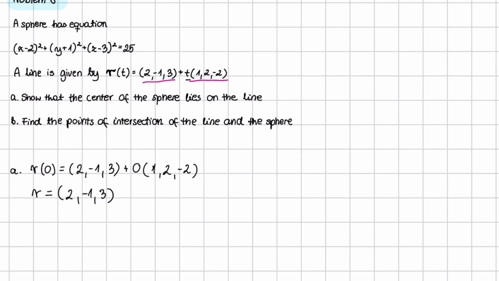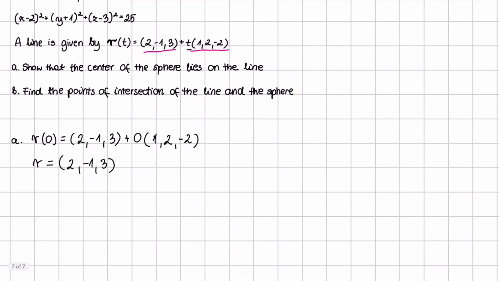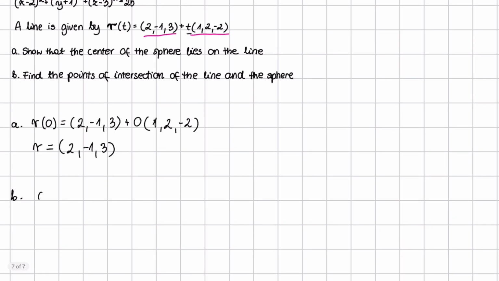B. Find the points of intersection of the line and the sphere. So let's write down our parametric coordinates from our line, but firstly let's rewrite our line in the other form, so we can also write it down like this, plus t, and here this.